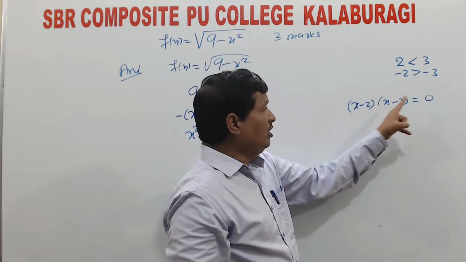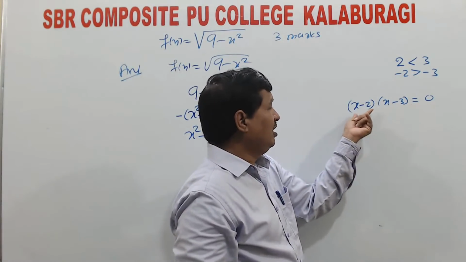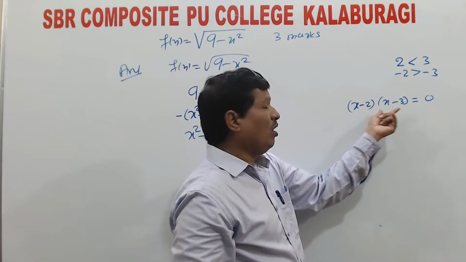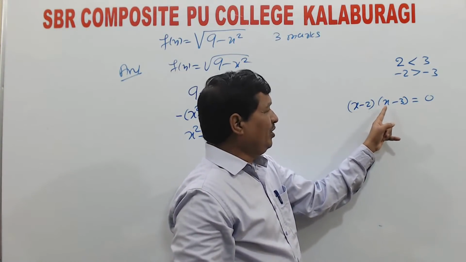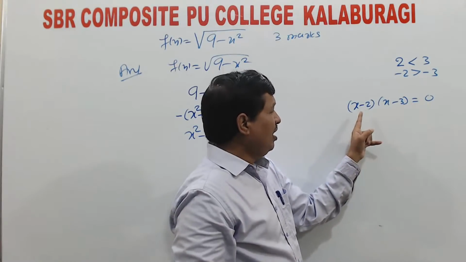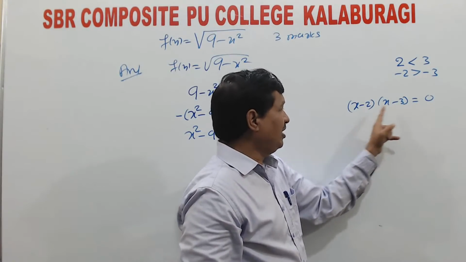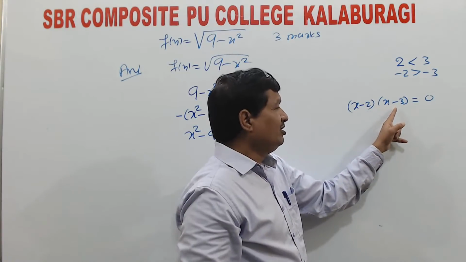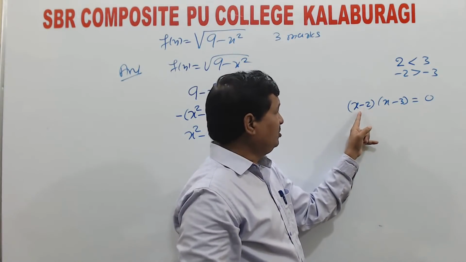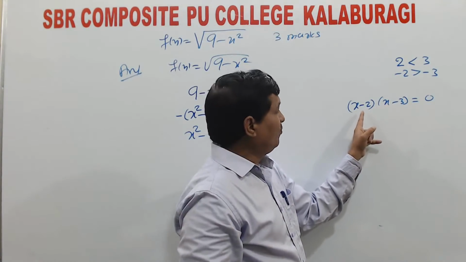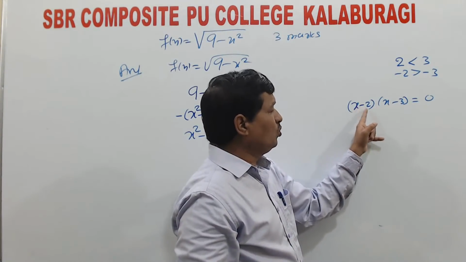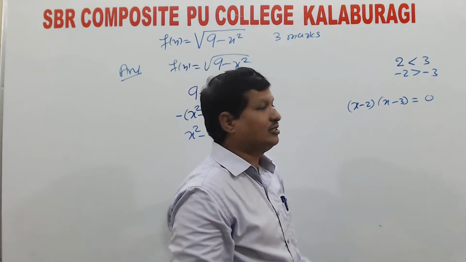So only for these two values, LHS equals RHS, meaning x will be either 2 or 3. Okay. When you have x minus 2 into x minus 3 equal to 0, the product of two terms is 0, so either one is 0. Therefore, x is either 2 or 3, then only LHS equals RHS.